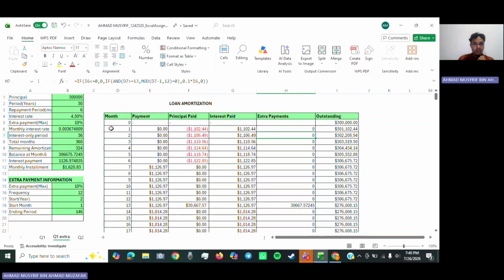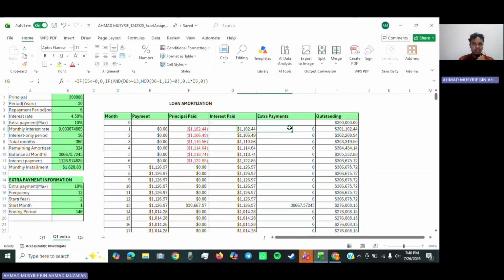To calculate it, it's actually simple. We just add the extra payment column, and don't forget to change the formula of principal paid, which is payment plus extra payment minus the interest paid.